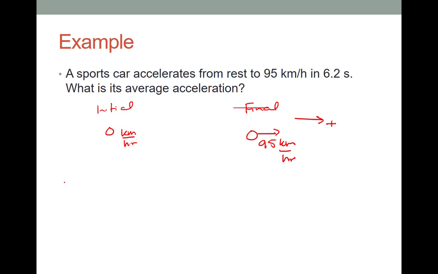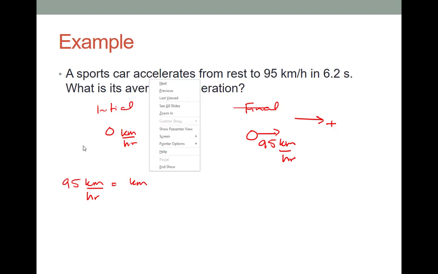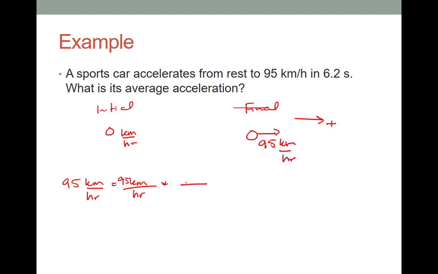The other thing that helps when doing this problem is to do the unit conversion first. Oops, I forgot the 5. There we go. If you do not do the unit conversion first, the units kind of get murky, if you will.